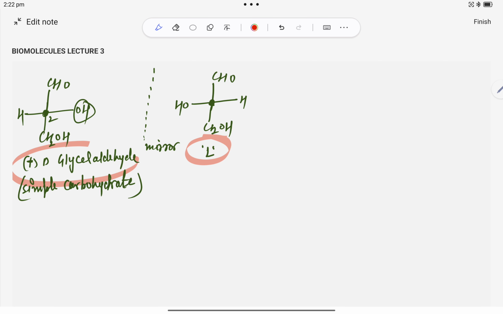So all the structure we have concluded, stereochemistry also concluded, D glyceraldehyde and L glyceraldehyde both have concluded, and the rule I told you already: if OH is on the left side, then D. If OH is on the right side, on the second carbon, then L. So remember this concept.